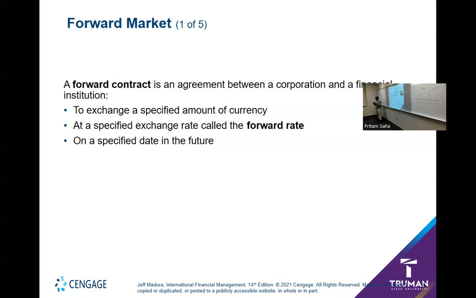So ideally, forward rate in the currency market between two currencies are based on interest rate differentials. Forward rate between two currencies are basically based on the interest rate differentials of the two currencies you are working on. Make sense?